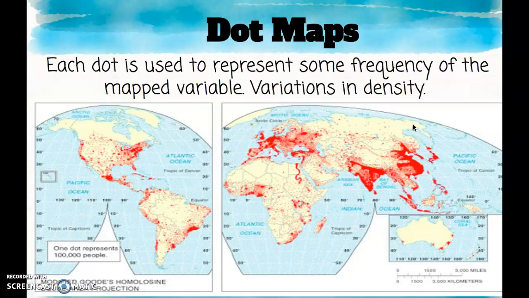Here's another example of a dot map showing where the world's population is mostly located. So again, you can see large pockets of population here on the coast of China, in India, Western Europe, along the Nile, right? Coastal regions of the United States. And we can tell because there are more dots there and it ends up looking actually kind of solid.